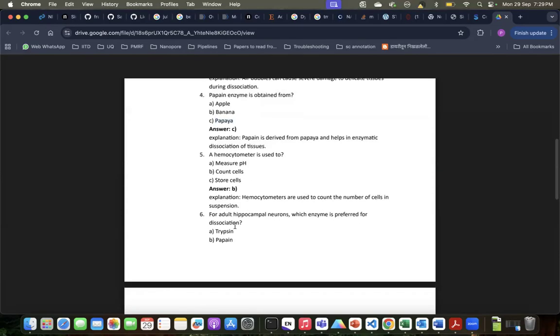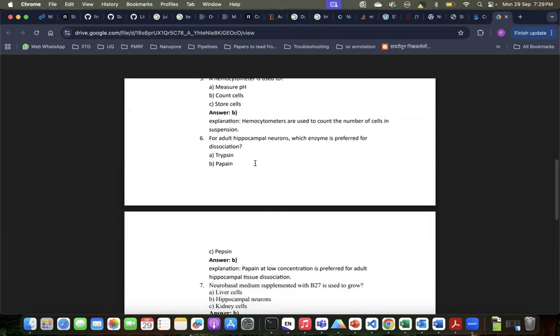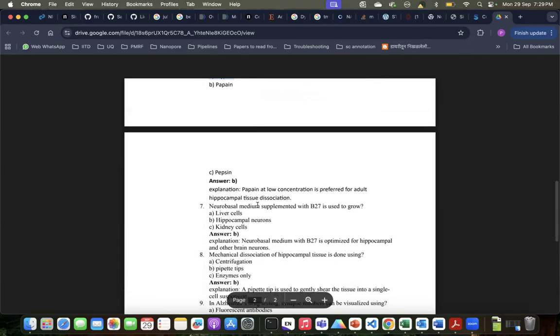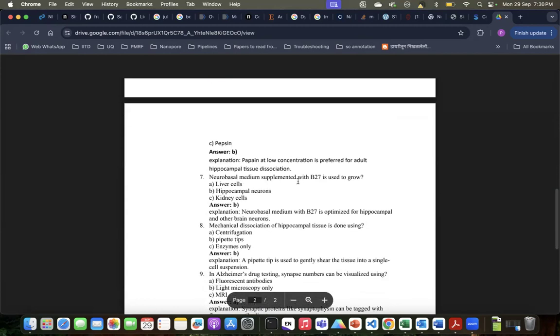For adult hippocampal neurons, which enzyme is preferred? Papain. Trypsin can also be used, but for neurons, trypsin can be a little bit more harsh because you don't want these processes to be destroyed in the dissociation process. Neurobasal medium is supplemented with B27 to grow neurons.